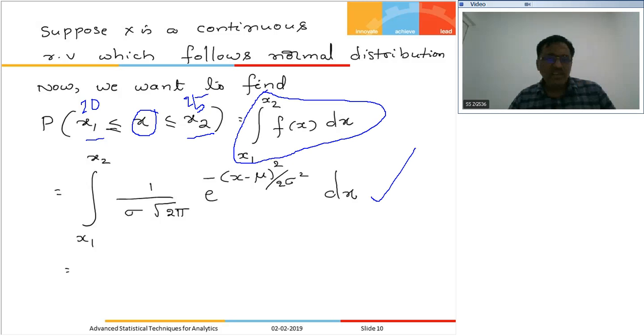The actual procedure, I think you might all have observed, is like the problems we did earlier, the integral from 2 to 3 of x dx. You remember the problems we tried. How did we do the integral of 2 to 3 of x dx? We did the integration, x square by 2, then we have to substitute the limits.